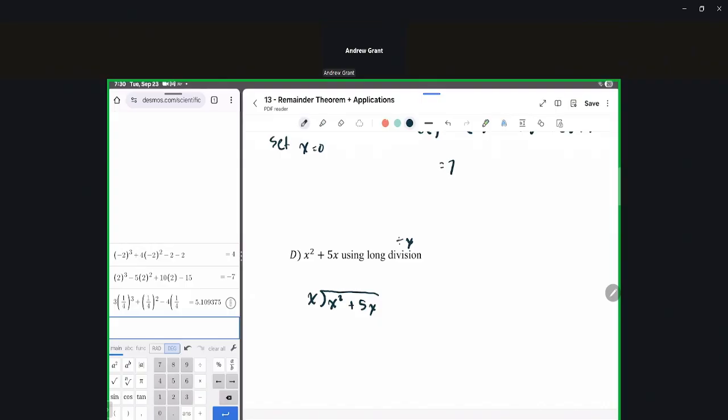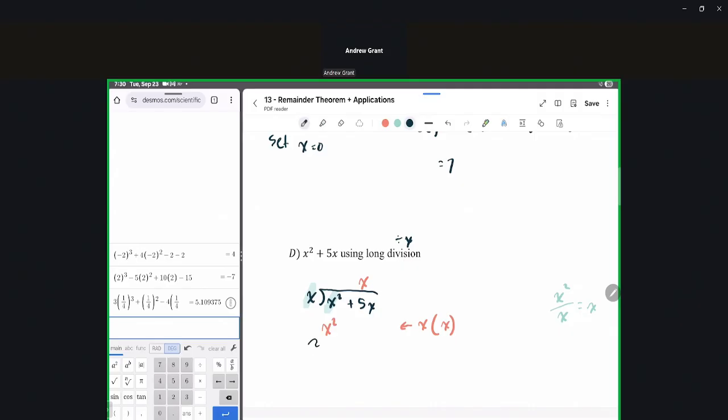Well, we still answer the first question. How many times does x go into x squared? And so that's the same thing as saying, sorry, I like to color code these. We take x to the power of 2 over x, which is just x. So that's going to go just up here. And so on this line, we write x times x, which is going to be x squared.